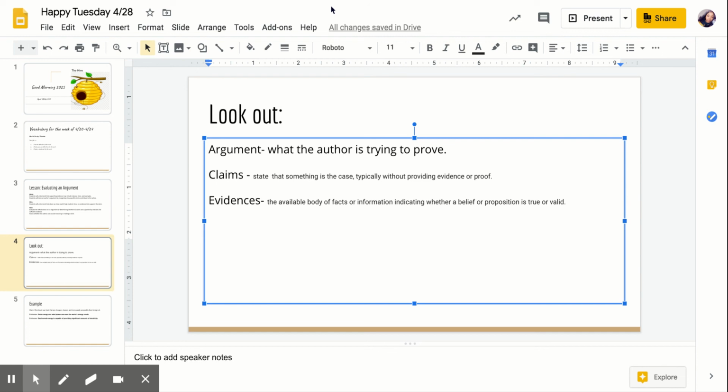So the claim is that we should use fuels that are cheaper, cleaner, and more accessible than foreign oil. And we came up with our first piece of evidence being that solar energy and wind power can meet the world's energy needs. So just based off the two things that they were saying in paragraph 2 and paragraph 3, that would be our evidence that solar energy and wind power can meet the world's energy needs.